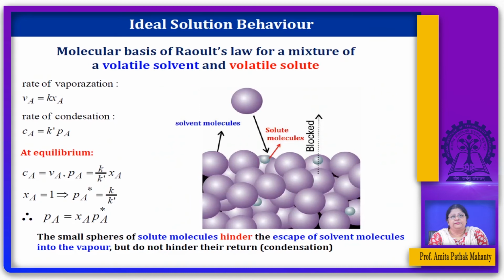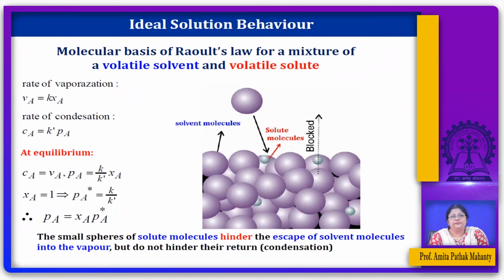right? And these are not usually equal. The rate of condensation is higher than the rate of evaporation. That means there is some interaction which is holding the molecule so it does not escape. Vaporization means it is going to escape, so there is something blocking the removal of the particle from the surface.